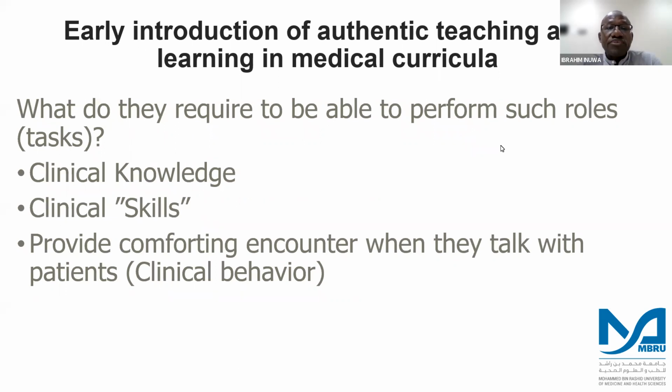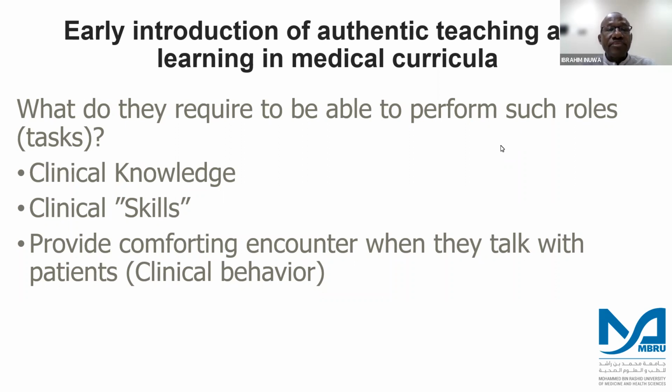And the final question, what do they require to be able to perform such roles or such tasks? And again, it's very straightforward. They need some knowledge, and that knowledge is the knowledge that will translate into finding out about what is wrong with their patients. They need some skills, some clinical skills to be able to find out where is the problem, to be able to explain what is going on. And equally importantly, they need to be able to, when they encounter patients, to provide comfort, to provide hope.